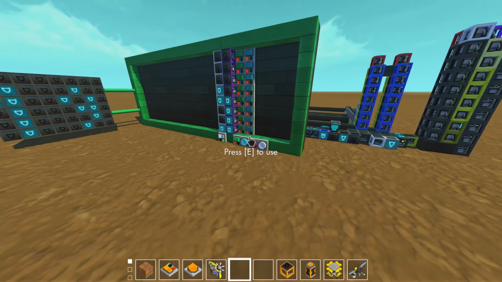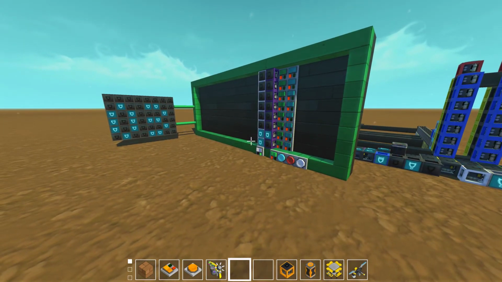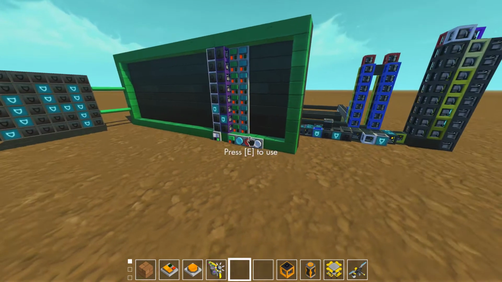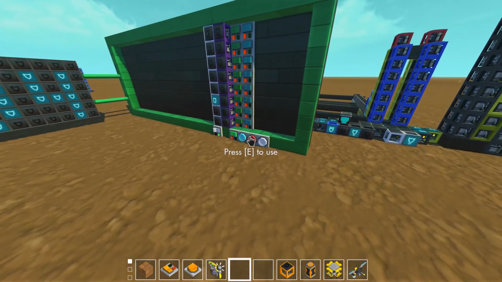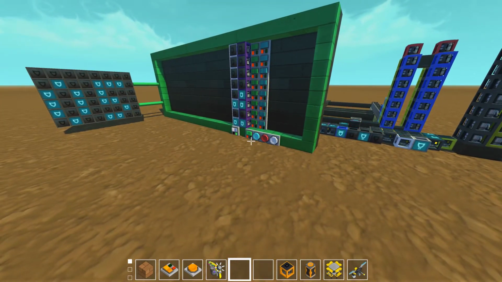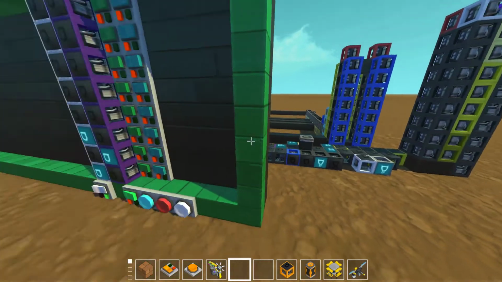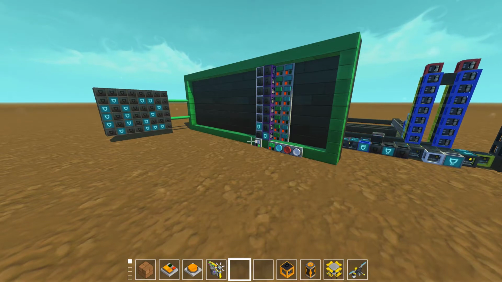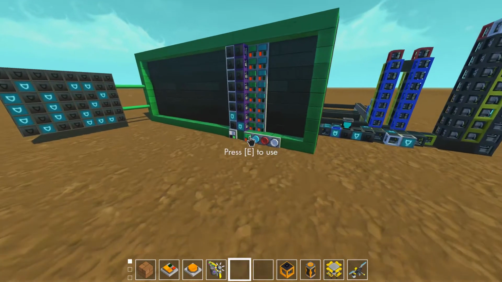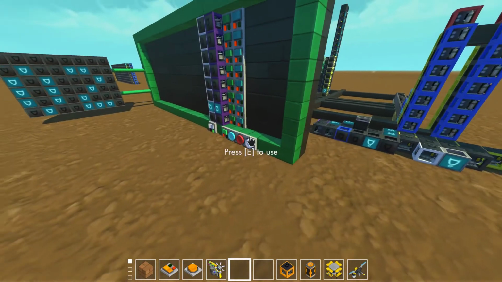Also, the computer is capable of moving very quickly. In fact, this isn't even its top speed. Let me see if this is. Yeah, it appears that 4 is its top speed.